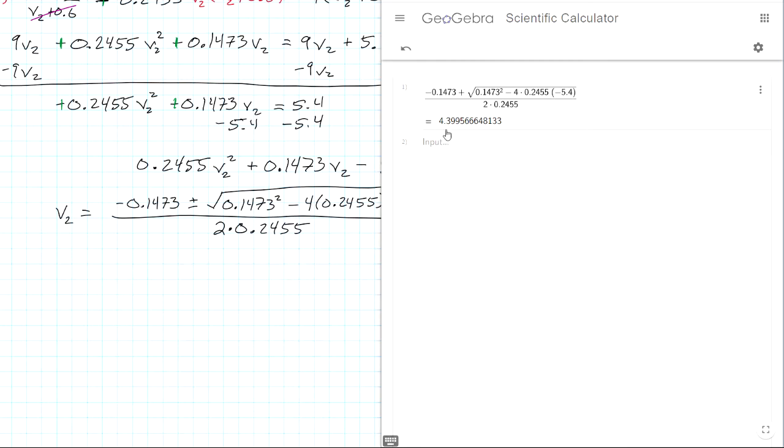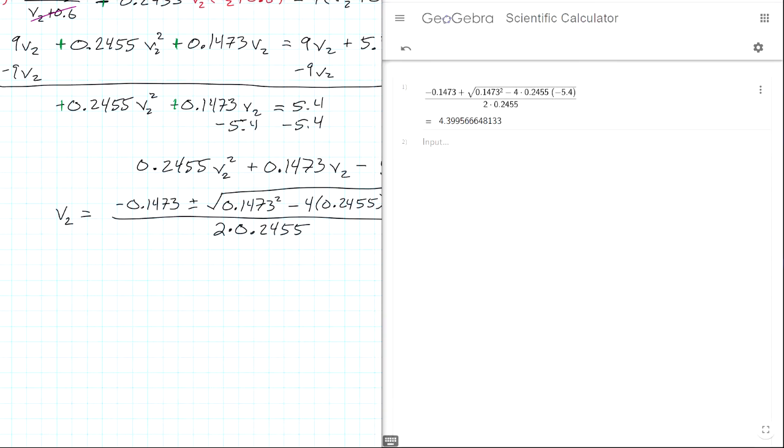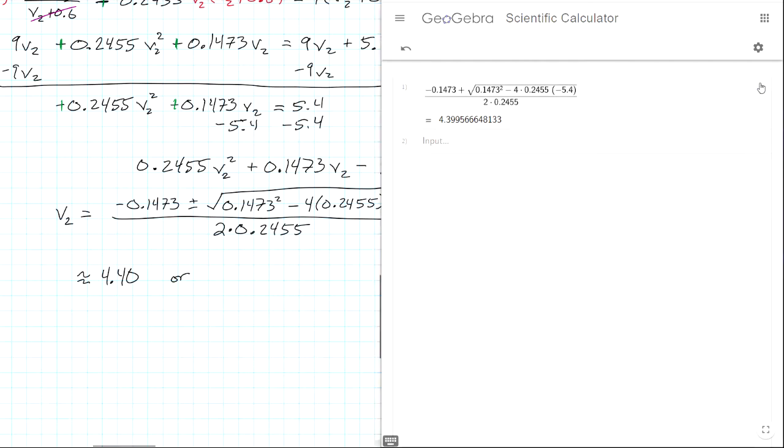And here that changes this so that we get 4.3995. We will approximate that out to be 4.40. Or what happens if we change this? Let's duplicate and just change this to a minus right here.